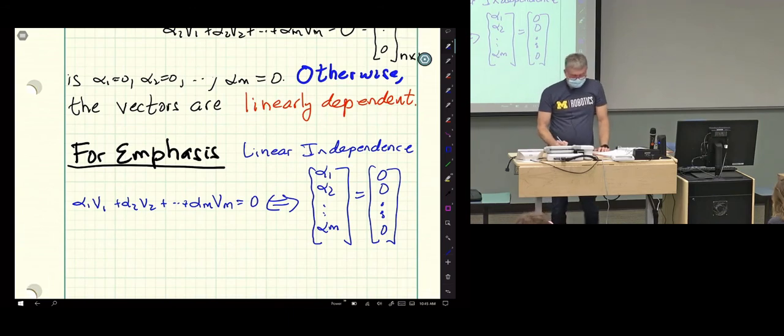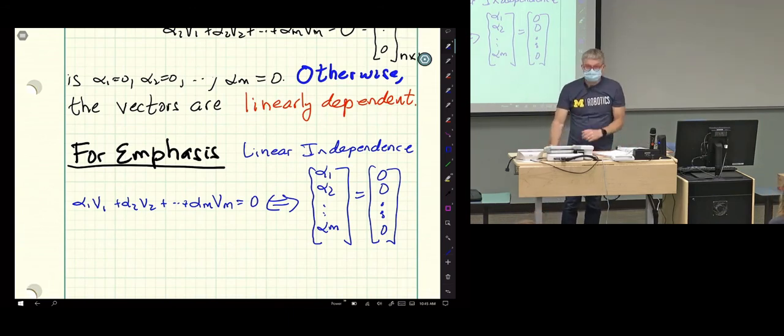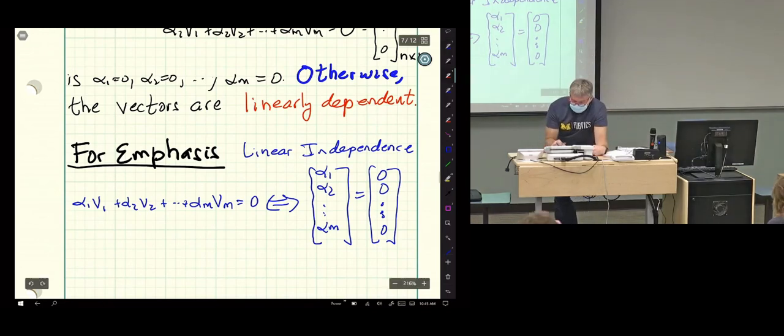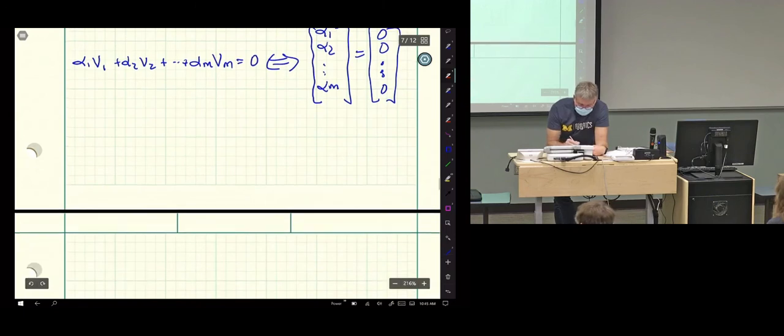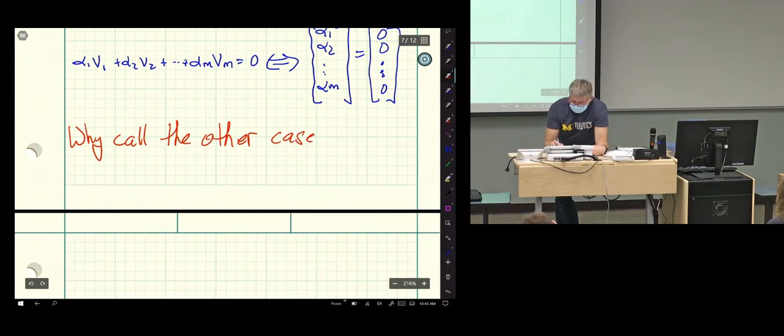Okay, that's the only solution. So why call the other case linear dependence?